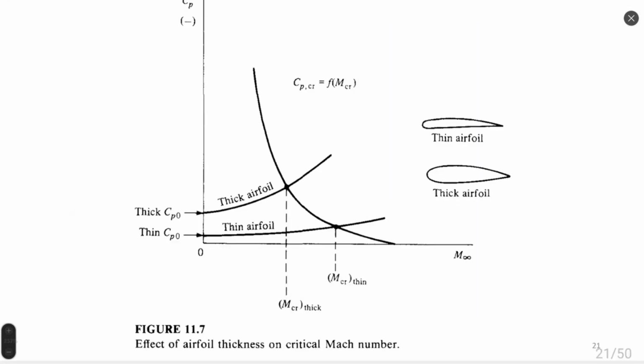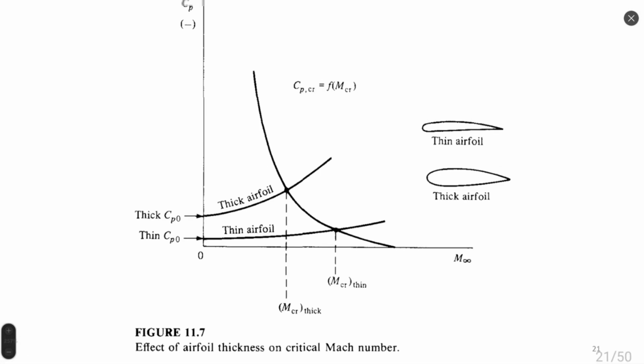Since compressibility correction already incorporates the geometry of the airfoil, for different types of airfoil, different thickness, different shapes, not only thickness, this CP0 will be different. As a consequence, curves describing pressure coefficient with respect to Mach number will be different for different airfoils. You can see here for thick, for example, and for thin airfoil.